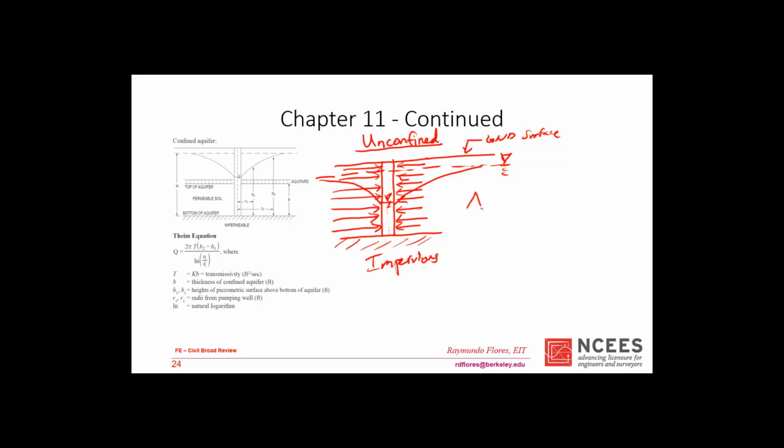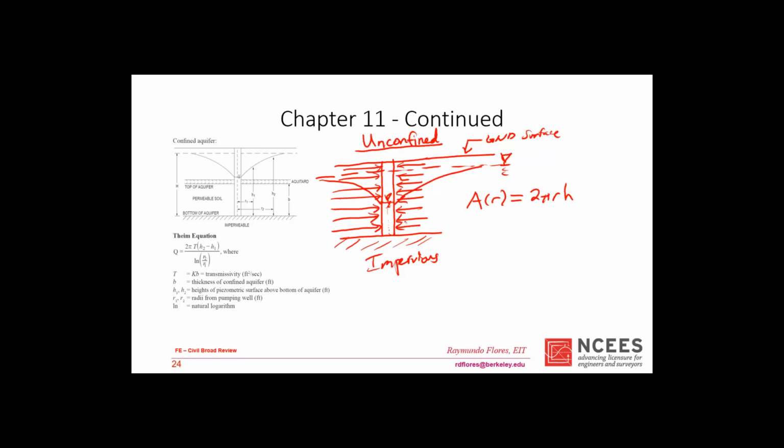So in the unconfined case, the area for the flow is A of R equals 2 pi R times H. And that means basically that your A of R is going to go from here all the way up. R is the distance from here to where your water table is, and H is basically the height of the water table.